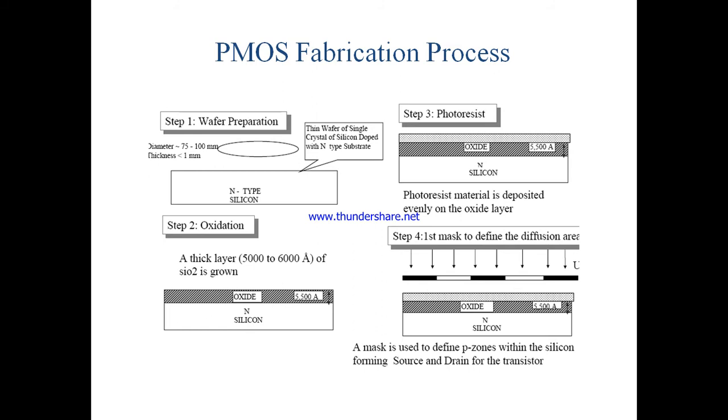The photoresist is then exposed to UV light through a mask, which defines those regions into which diffusion is to take place, together with the transistor channels. The exposed portions are subsequently etched away together with the underlying silicon dioxide, so that the wafer surface is exposed in the window defined by the mask.